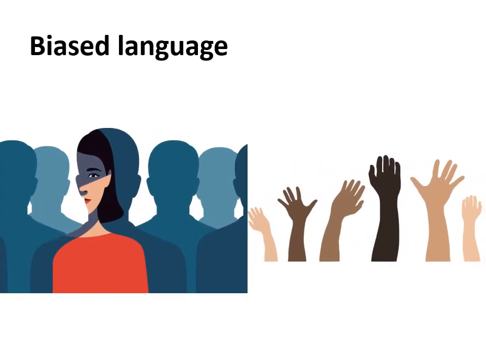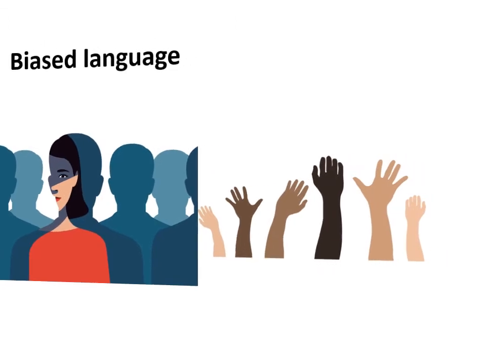Okay. Lastly, we also need to avoid biased language. What do we mean by biased language? Biased language are the words or terms that are leaning toward a certain group of people. It can be leaning toward a race, leaning toward a gender. So, in academic writing, we have to be careful with our choice of words.